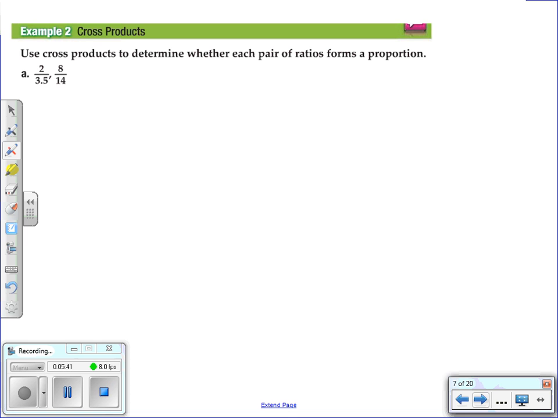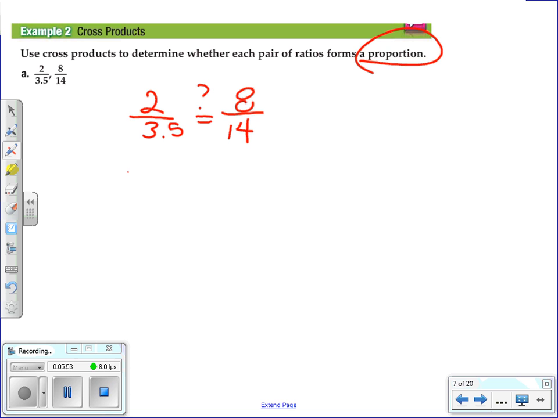Okay, here let's determine if 2 over 3.5 is equal to 8 over 14. Is this a proportion? So we'd multiply 2 times 14. Is that equal to 8 times 3.5? Does it matter if I say 3.5 times 8 or 8 times 3.5?